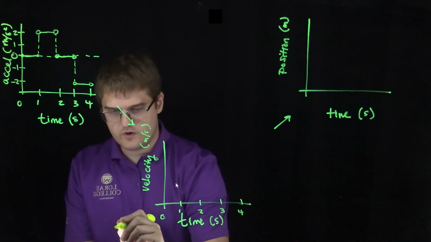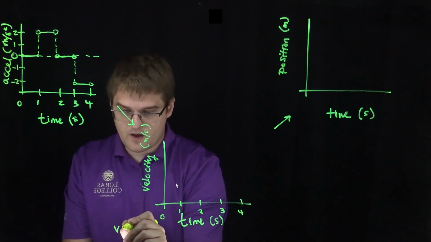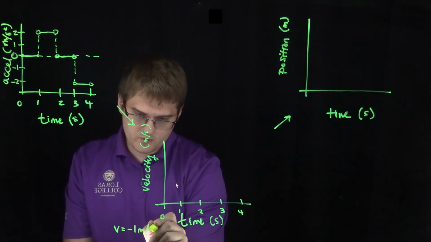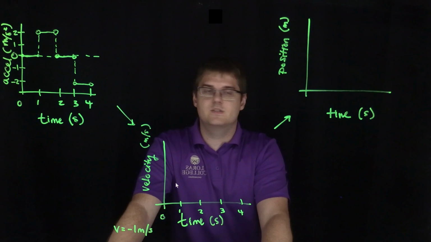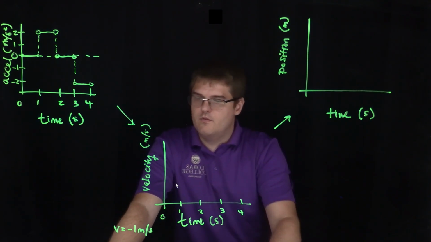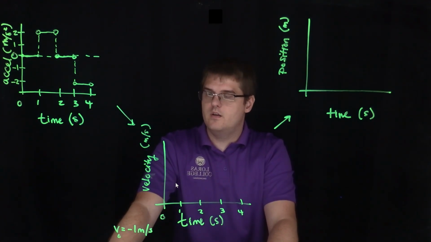I'm going to put a note over here because I don't know what the axes are, because I'm making it up as I go. My velocity is going to be equal to -1 meter per second. We might have some weird fractions in here. I am sorry. So velocity at time 0 is -1 meters per second.